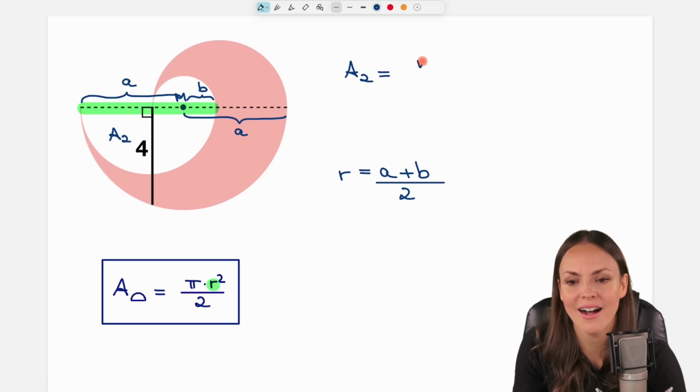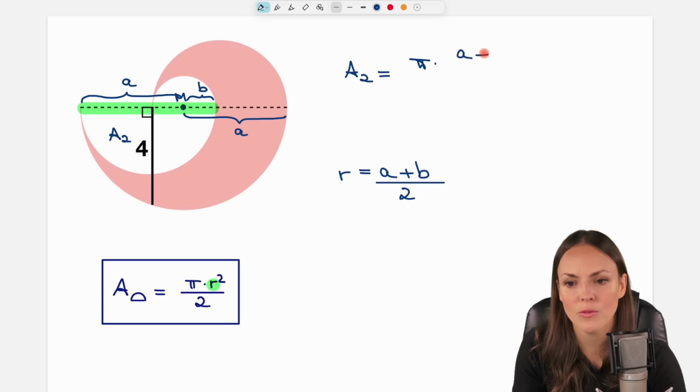So we have pi times, instead of the radius, we take this beautiful fraction here. Then don't forget to square this. So write it in parentheses and square it. And then also divide it by 2. This is our area A2.